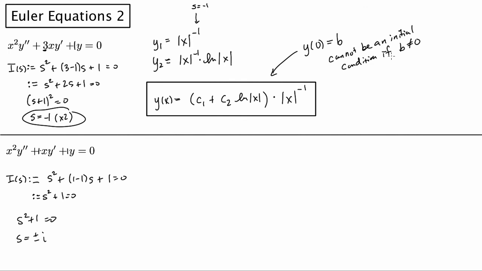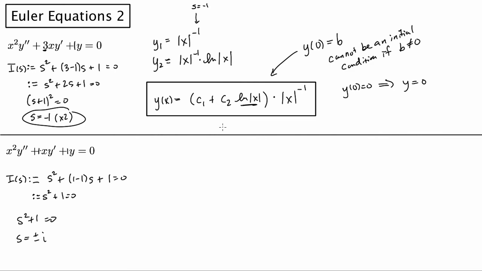The reason being is only y of 0 equal to 0 will have the solution y equal to 0, which is just the trivial solution that you can see works. If I'm trying to solve any other value, say y of 0 equal to 2, then this is my general solution, and I would try to plug in x equal to 0. Well, the natural log is going to give me a problem. I don't know what natural log of 0 is. And so we have an issue at that point.